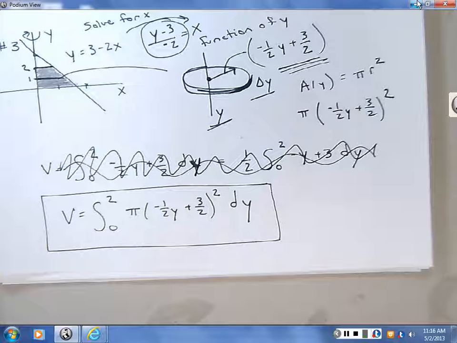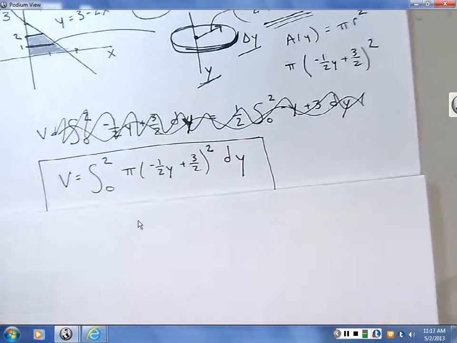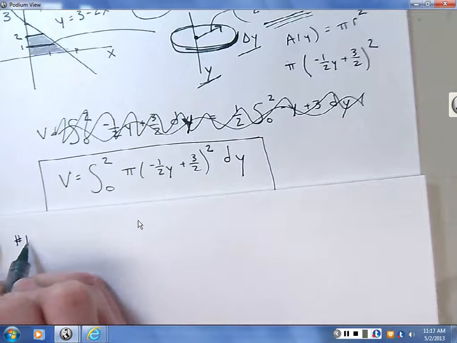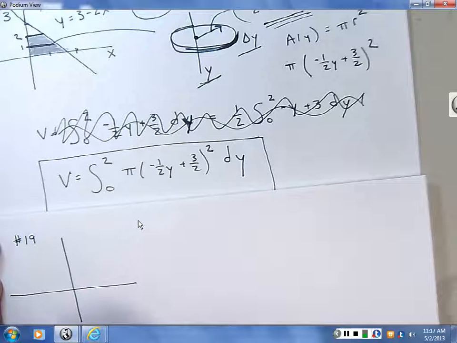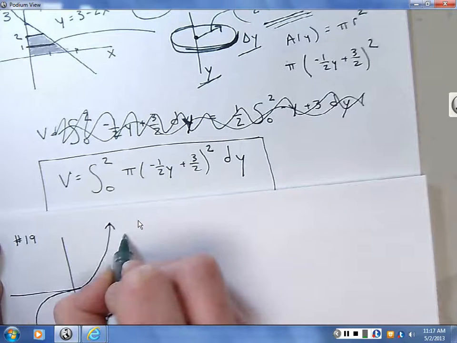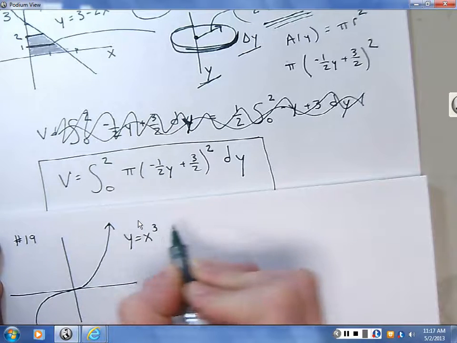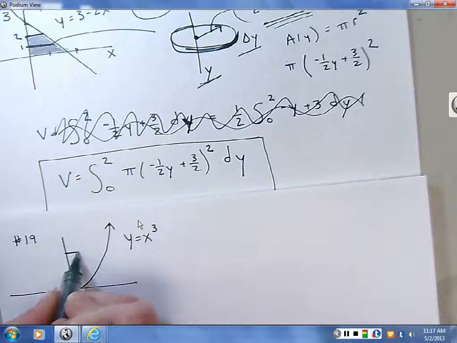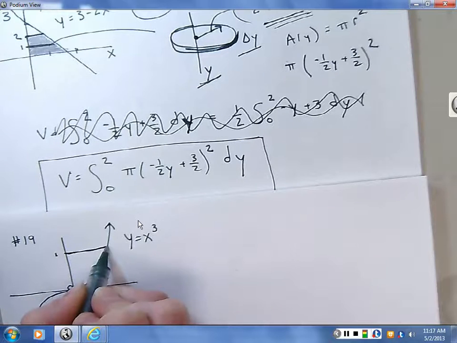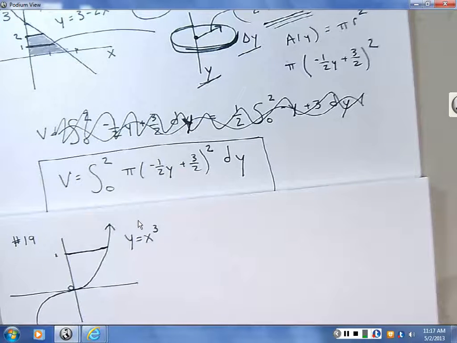Okay, so the last one I want to do in this section is number 19. And number 19 is on your homework. What number 19 says is you have a function bounded by the curve y equals x cubed. But the cross sections between, I think it's 0 and 1, are square.